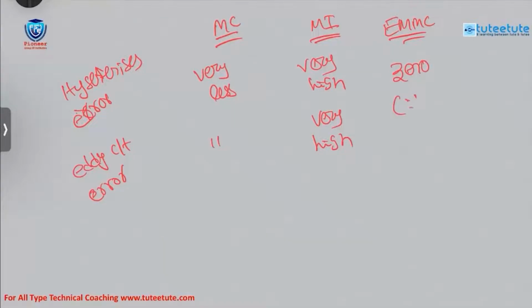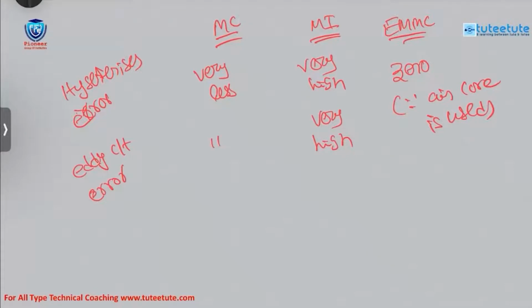Since air core is used, the eddy current and hysteresis errors are both 0 for EMMC or dynamometer type meter, whereas these two errors are very high for moving iron instruments. Because of this only, moving iron is preferred only for AC measurements, not for DC measurements.